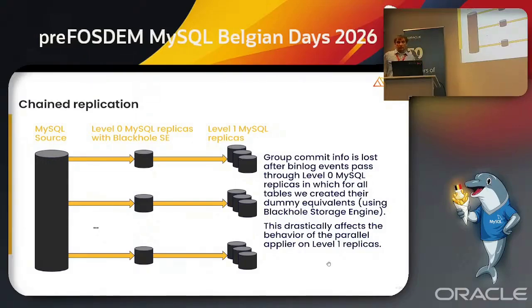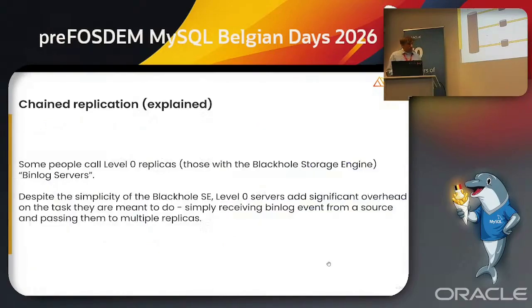A little problem here is that when events pass through these level 0 replicas, which some people call binary log servers, we lose some important information required for the parallel applier.